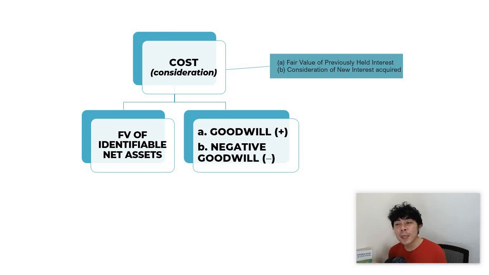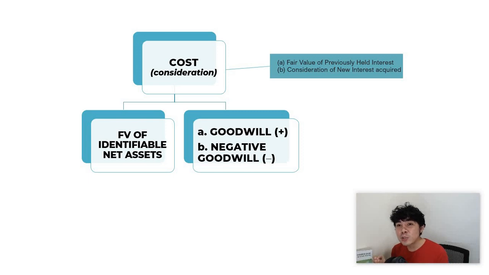So, ito yung gustong pagawa sa'yo ni paragraph 32. Kailangan mo i-compare yung cost at fair value ng identifiable net assets para malaman natin kung meron ka bang goodwill or negative goodwill. So ngayon, dito naman tayo mag-focus sa fair value of identifiable net assets. Etong identifiable net assets na to, sabi natin, it should be measured at fair value. Fair value on what date? Kasi nga, ang fair value, nag-iiba-iba yan on each date.